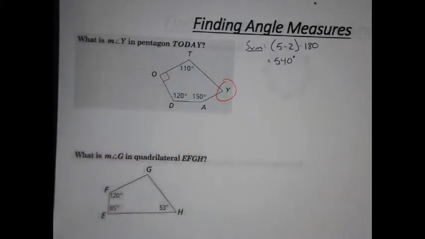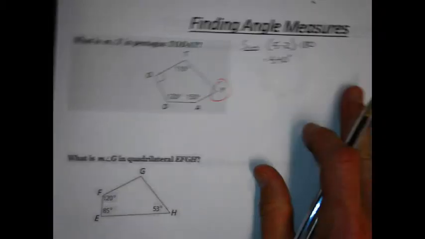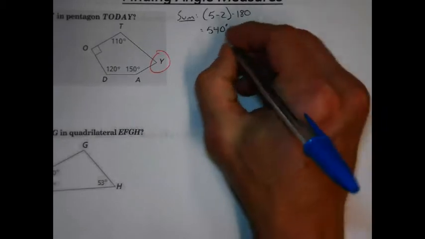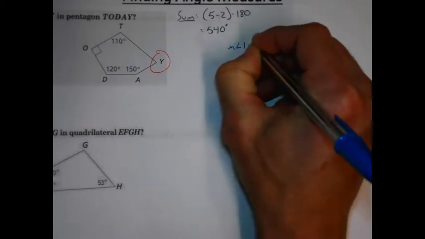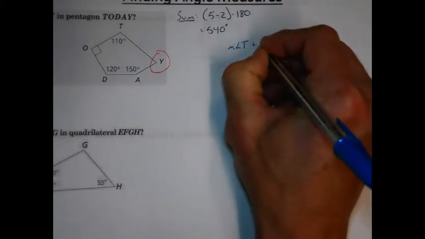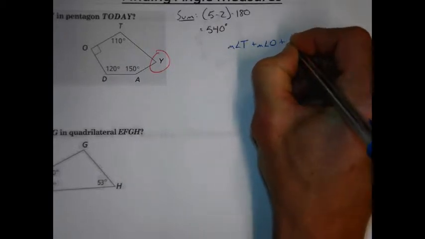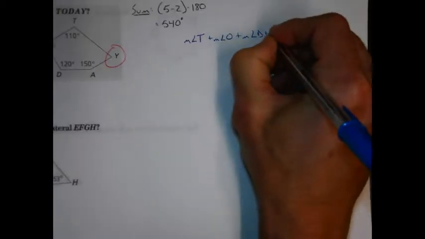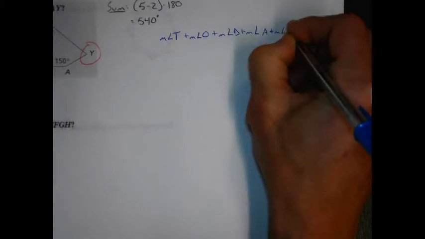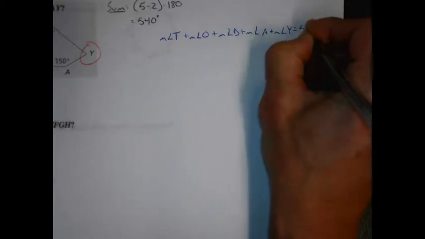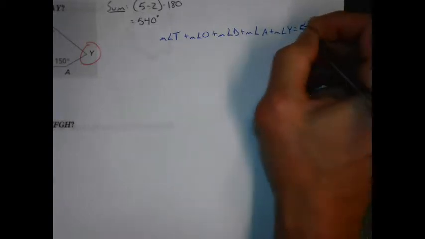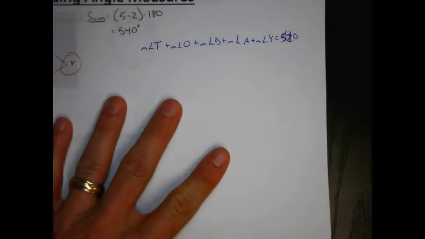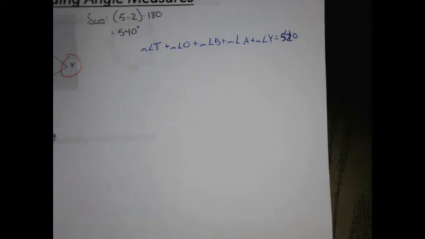So we can do some subtraction, we can do some algebra, it doesn't matter. If you want to use the algebra way, this is what we would say. The measure of angle t, plus the measure of angle O, plus the measure of angle D, plus the measure of angle A, plus the measure of angle y, equals 540. So we have an algebra formula if you want to use it that way, and then just start plugging in numbers.